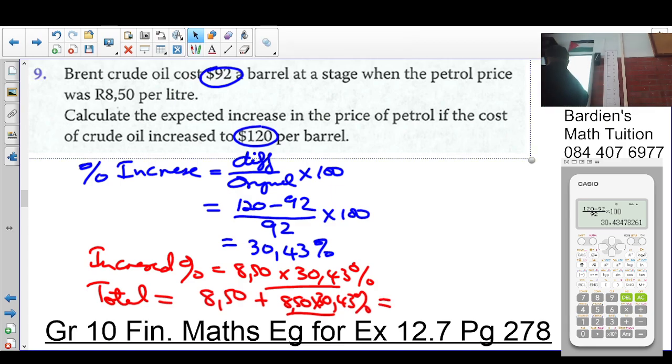So we have 8.50 multiplied by the 30,43%, then divided by 100. The increased price is 2 rand and 59 cents. So we add that to 8.50, which means 11,09. So it's 11 rand and 9 cents per liter, approximately. Okay.